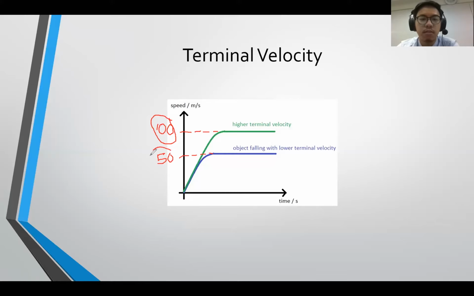And for object number 2, with the blue graph, the terminal velocity is 50 meters per second, right? So if you have a higher terminal velocity on the graph, the horizontal line will also be higher.